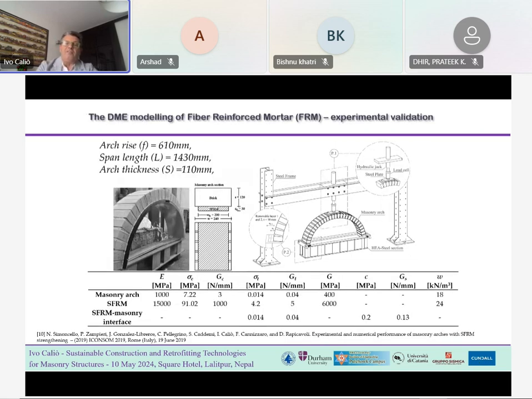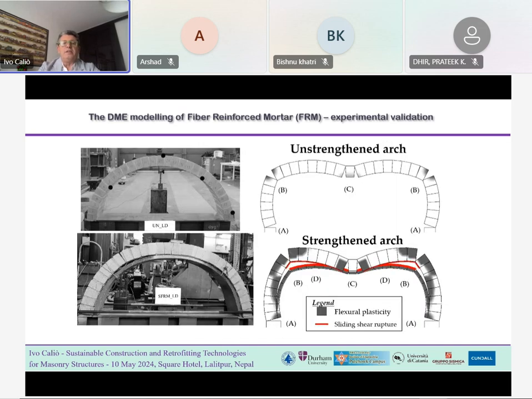Another experimental validation has also been conducted in Padova by a group of Professor Zampieri and Carlo Pellegrino, and they did the test, and we just compared their test with our macro modeling approach.